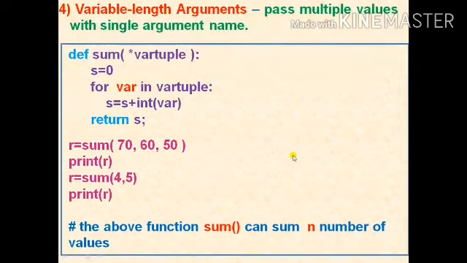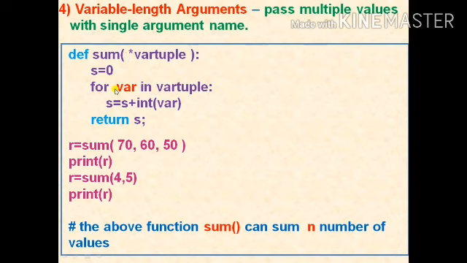Then the last one is variable length argument. It means we can pass multiple values with a single argument name. Suppose we want to sum a number of values by a function. Then I have taken an example to create a tuple, star var tuple, s is equal to 0.